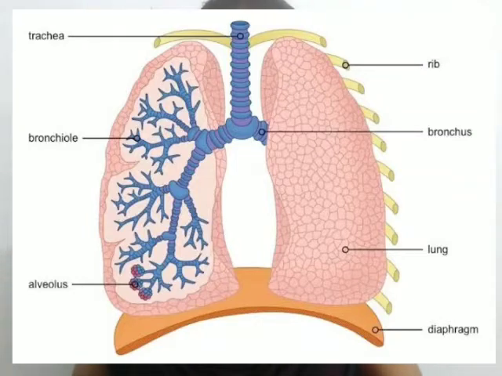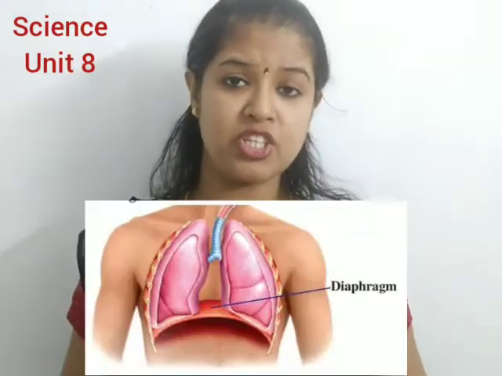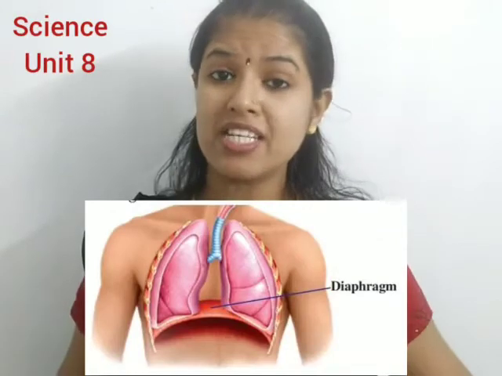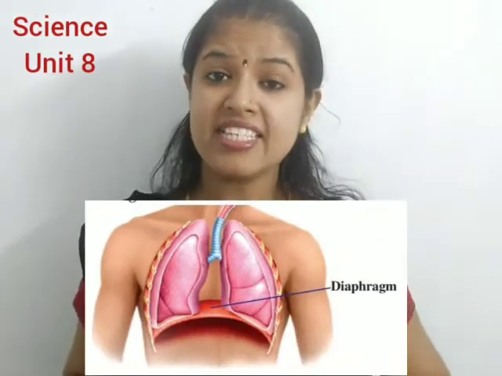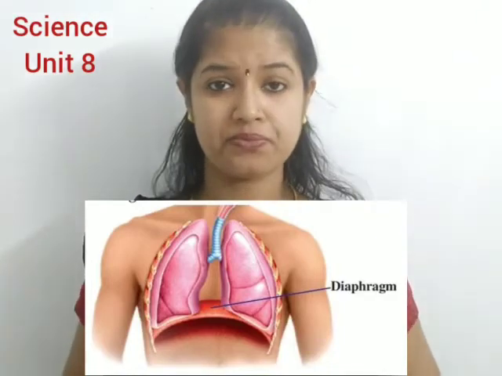The lungs act like a sponge and are not made up of muscles. They are like air sacs, where the air comes and rushes in. Now there is another organ you can see in the picture: a muscular sheet which is able to move and is attached to the ribs.